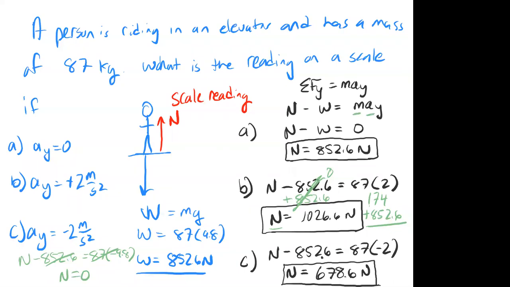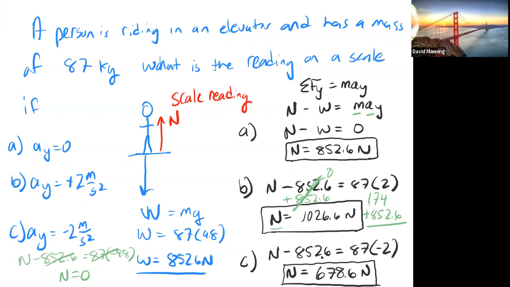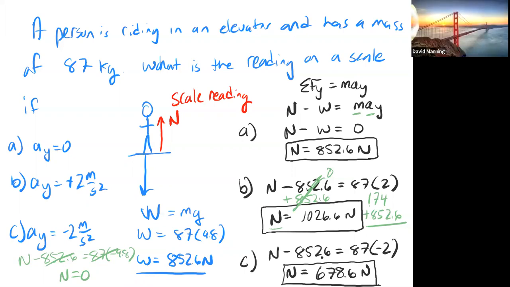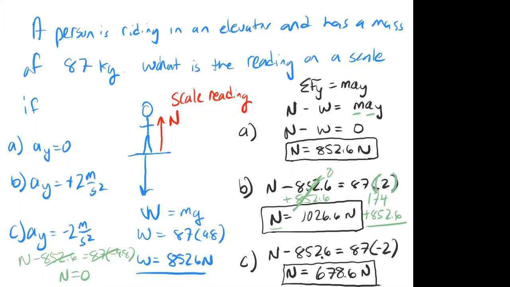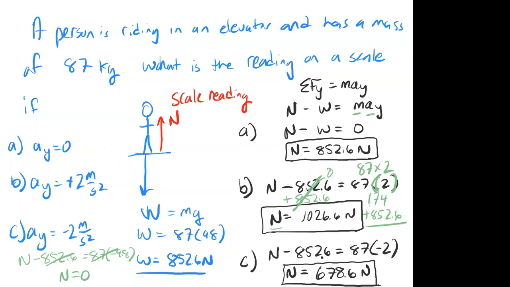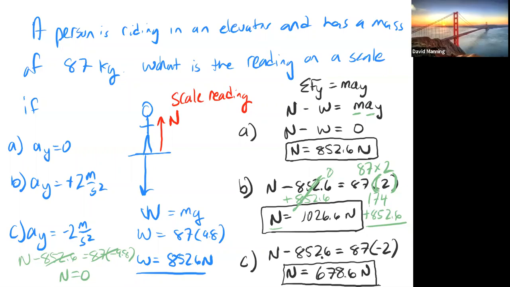Do you see it now? What character do you have next to the 87? This is just a parenthesis. Oh, okay. It's just 87 times 2. I couldn't see it because it was off your screen.